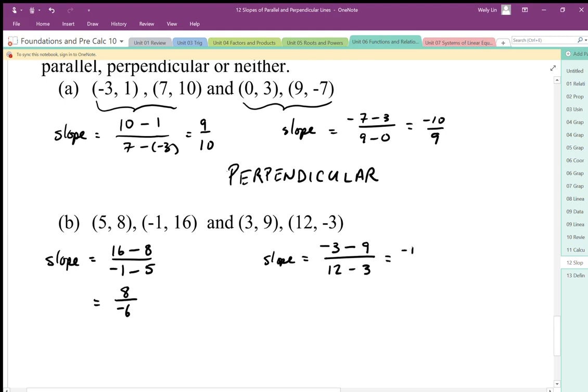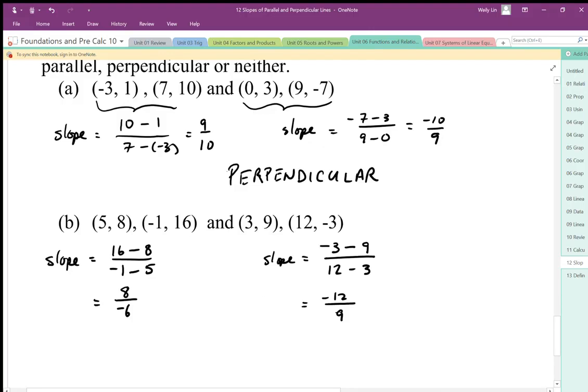This works out to be negative 12 over 9. These are both negative, so they can't be perpendicular if they're heading in the same direction. It's impossible for them to be perpendicular.